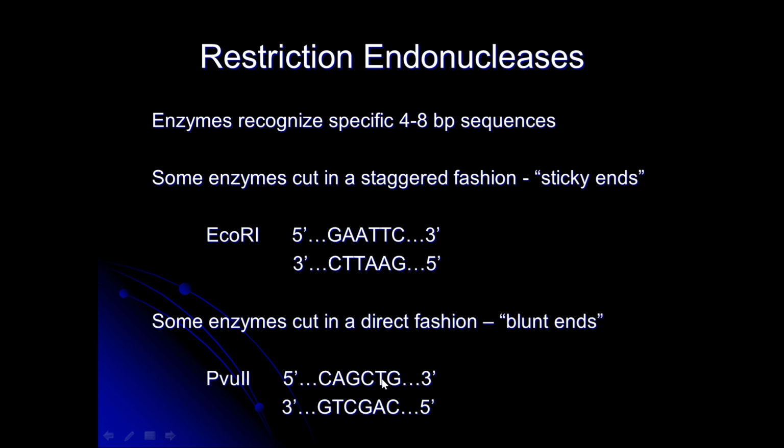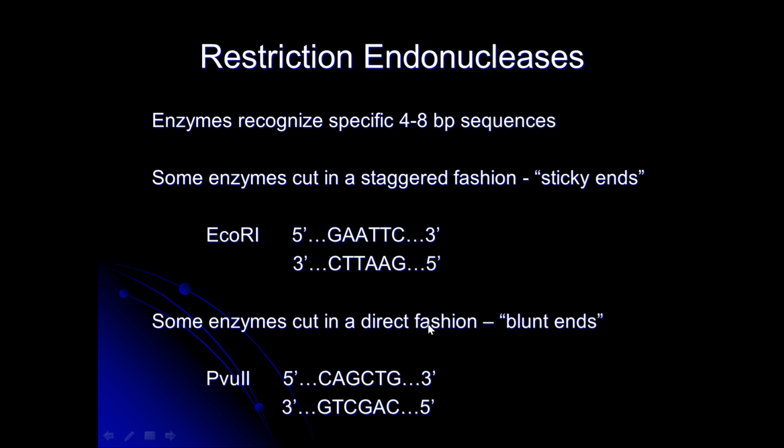But in the direct fashion, suppose one restriction enzyme cuts at this position, after this G, and from here it cuts at this position. So what happened? This cut and hold this and hold this. What happened here?